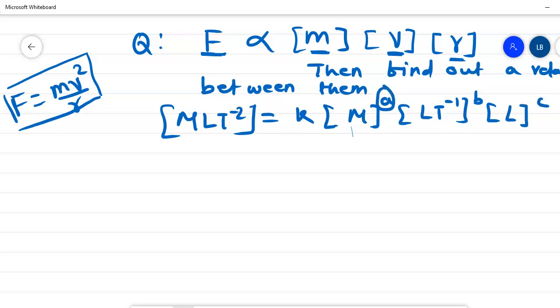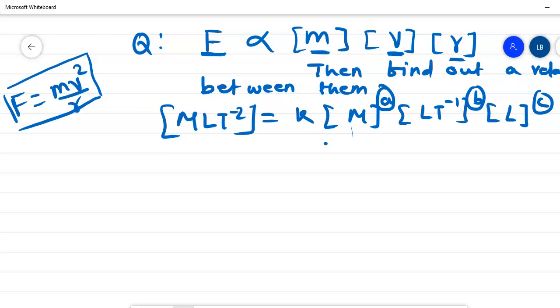Once I am done with a, b, c, I will get the formula. And for solving 3 values, I need 3 equations, so here I have to write 3 equations.